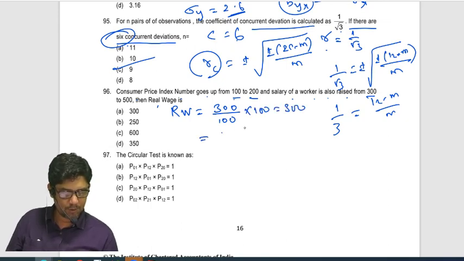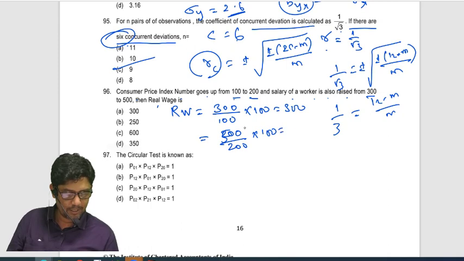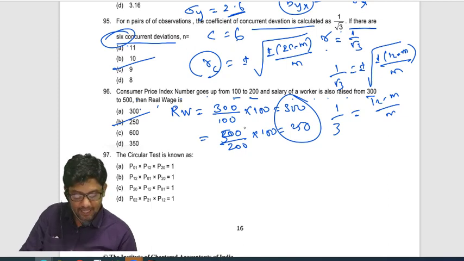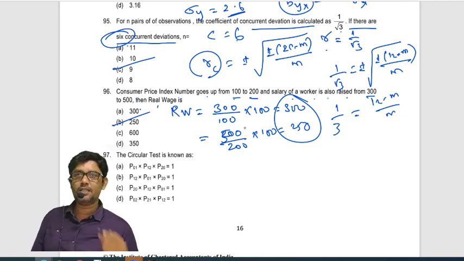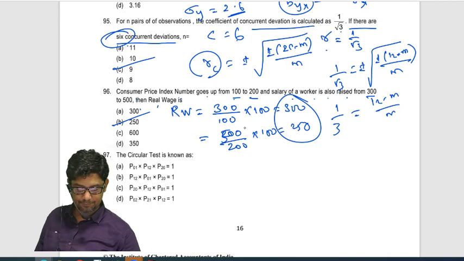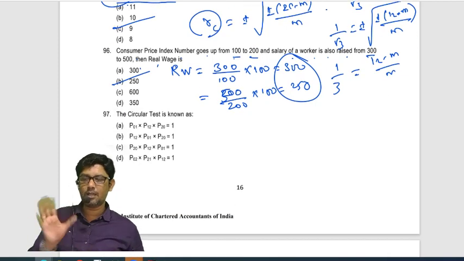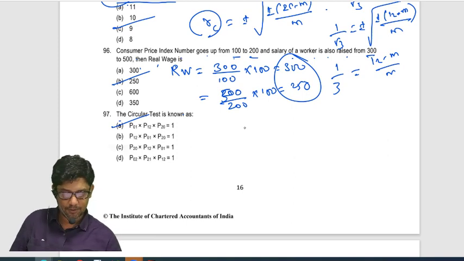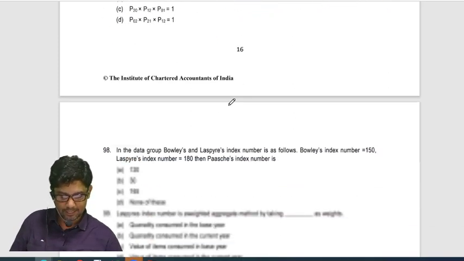The second person's real wage is 500 divided by 200 into 100, which is 250. The difference between the real wages is 50. Now, the circular test is known as, of course, you know the circular test.